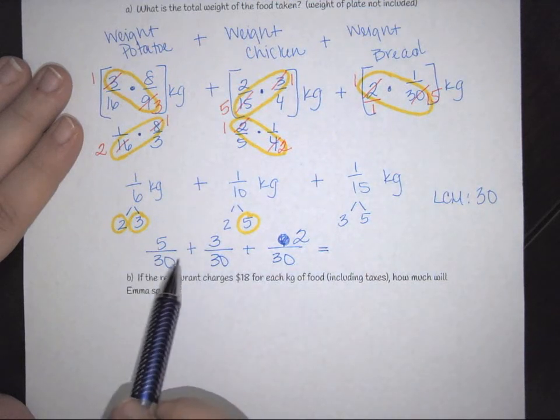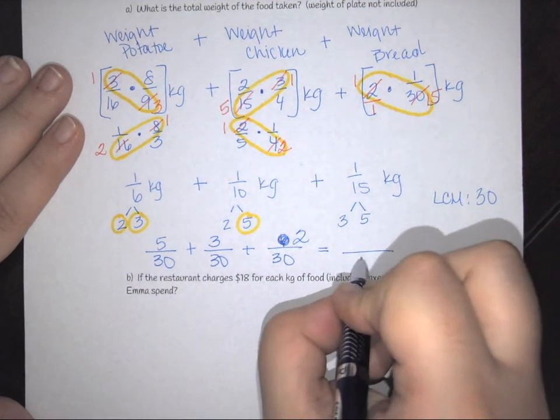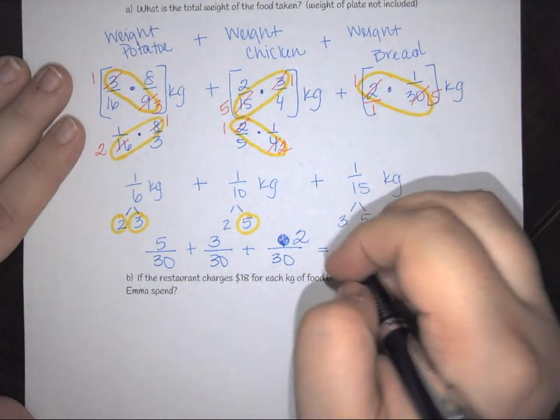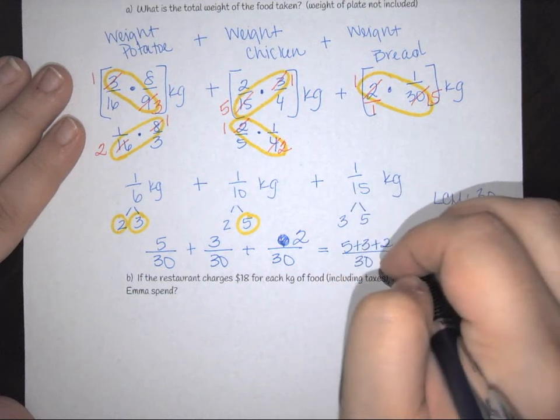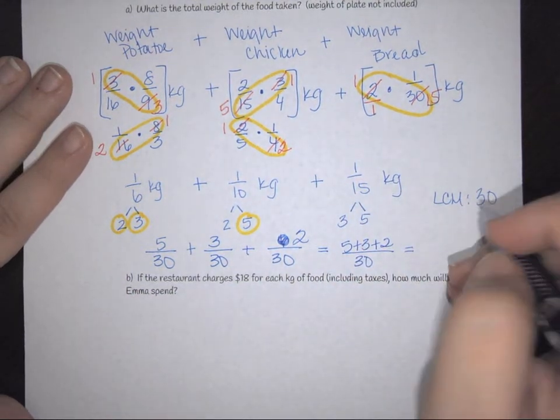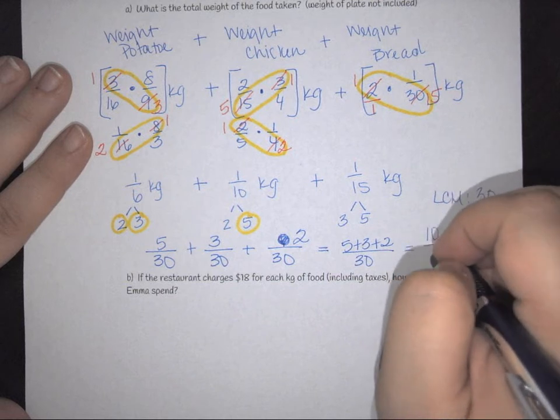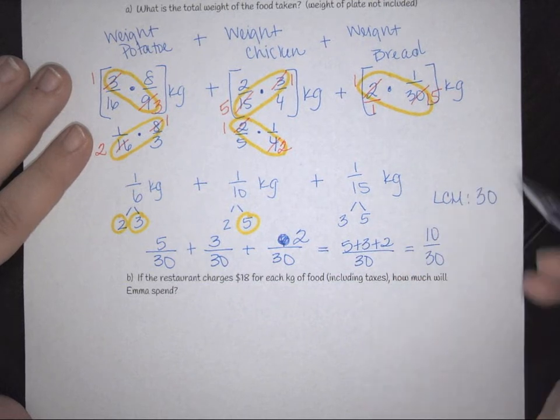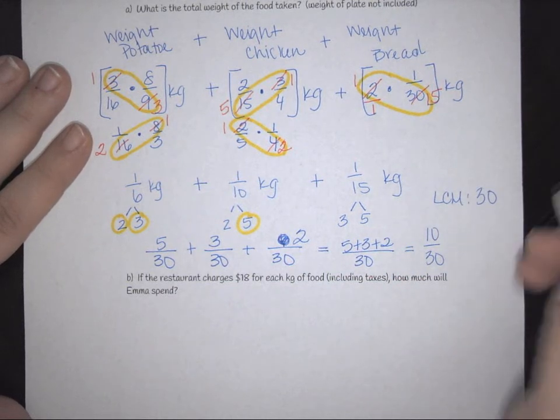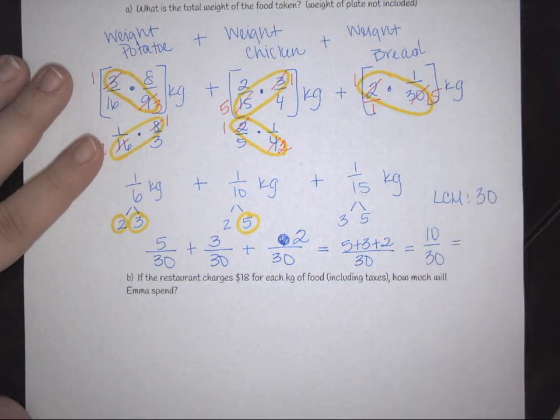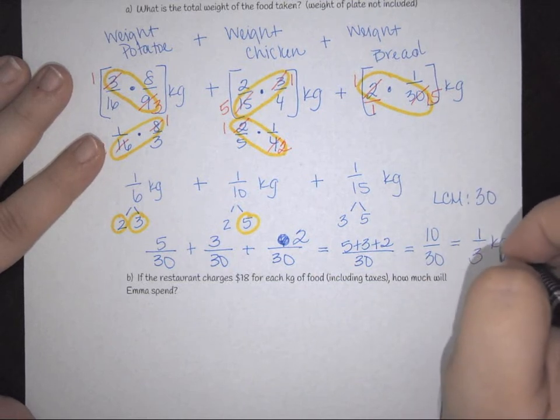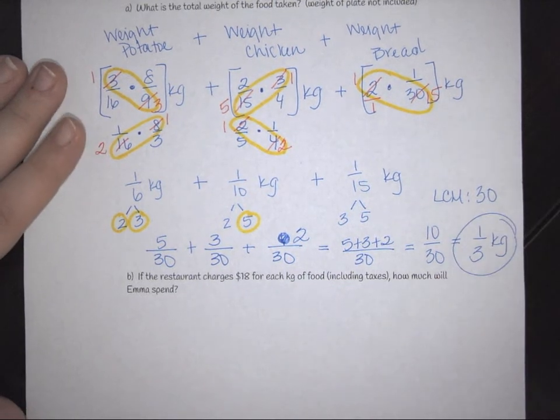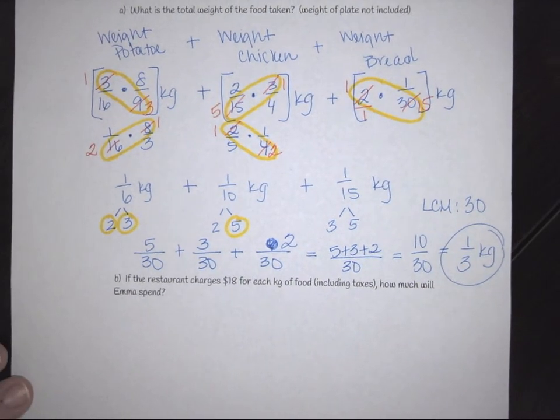So all told I have over 30. 5 plus 3 plus 2, which in this case is going to give you 10 over 30. We know we can divide a 10 out of top and bottom, so the total weight of her meal was 1/3 kilograms, and that is the answer to the first part.